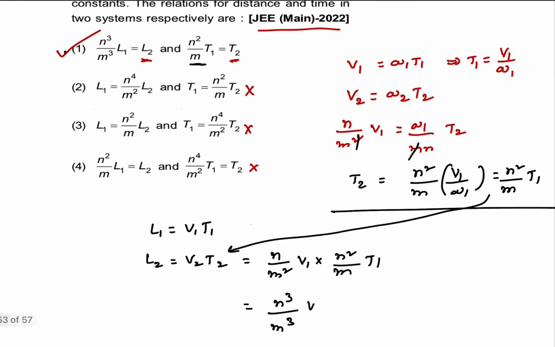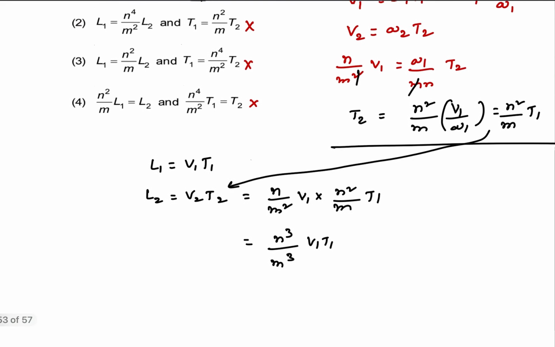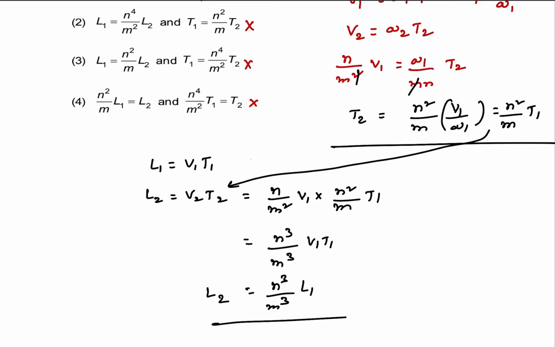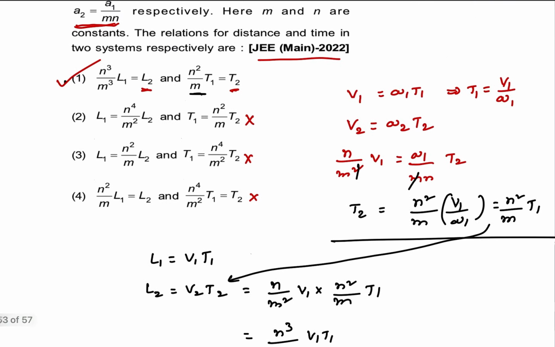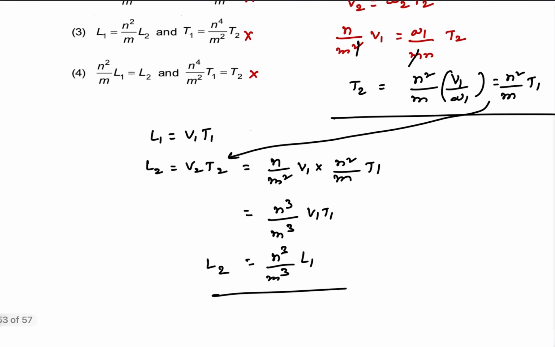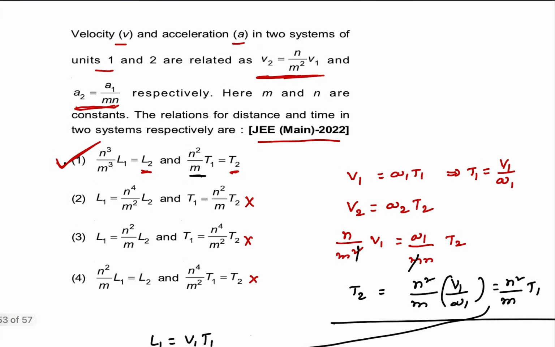You get n cube divided by m cube into V1 T1. V1 T1 is L1, so we can write L2 is equal to n cube by m cube into L1. Already I have taken this; the first option is the correct option.